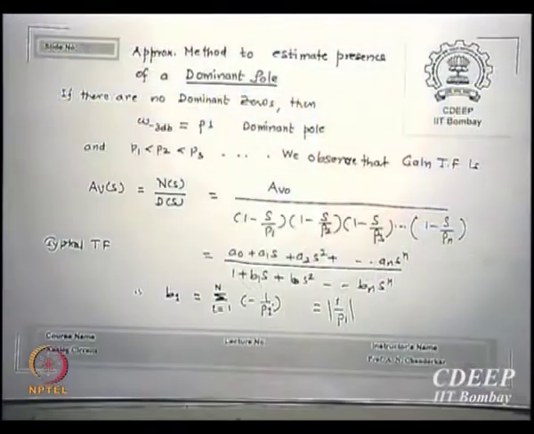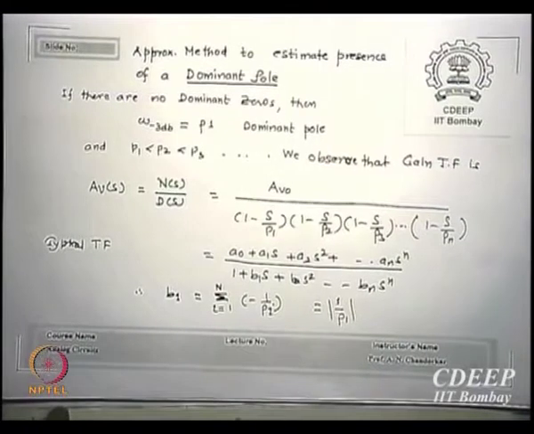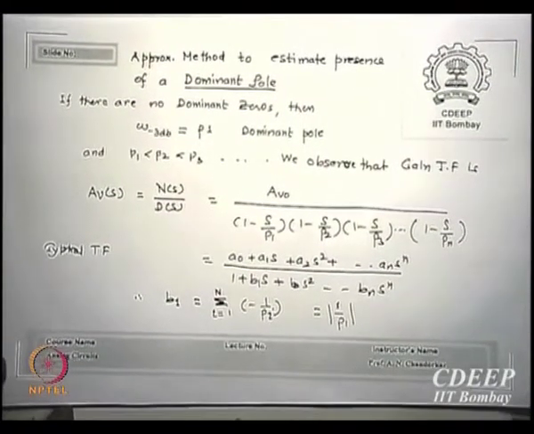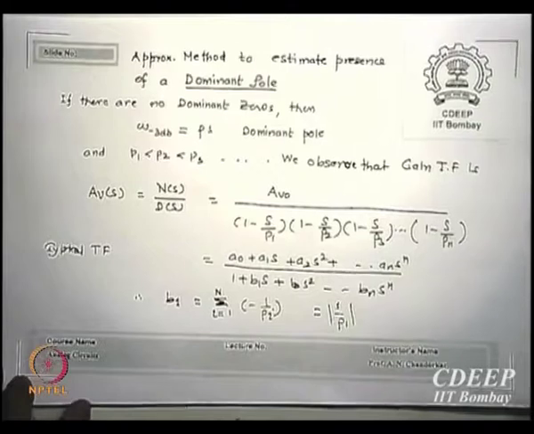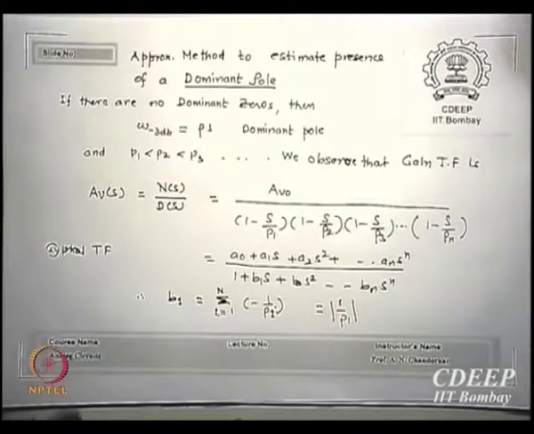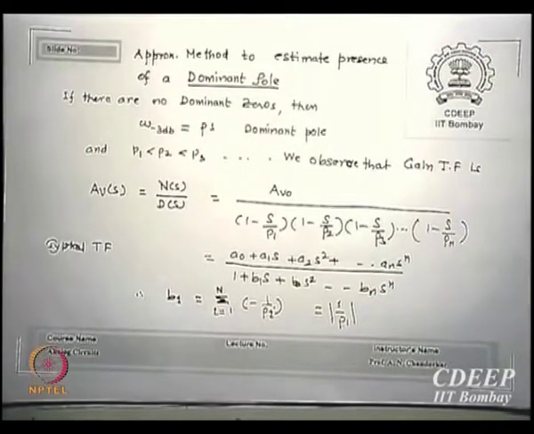As I say, this is an approximate method to estimate the presence of a dominant pole, and please do not believe that every time this is true, but in most cases, 99%, this will be true. So you may try once in a while, it may fail once in a while. Our assumption again is there are no dominant zeros. That means a zero does not exist prior to the dominant pole. If that occurs, the gain will start rising somewhere. So our assumption right now is the zero is far away.